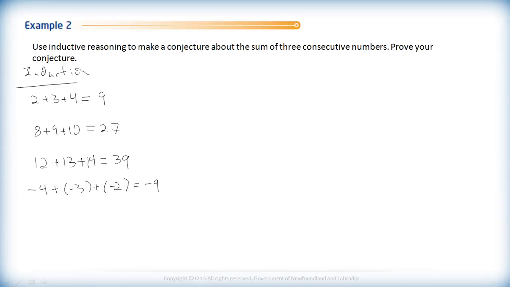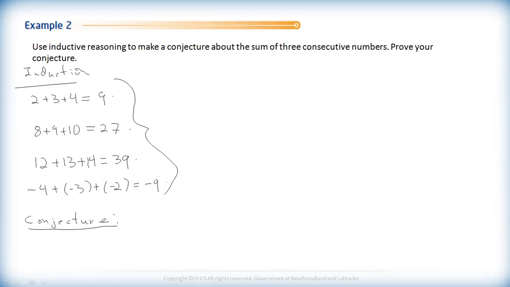Okay, so what we have to do is formulate a conjecture now about those things. So what's our conjecture going to be? Well, that's where we look for a pattern and see what we can come up with. So what's the pattern here? It looks to me like all these numbers, well, they're odd, but anything more specific, they're all divisible by 3, aren't they?